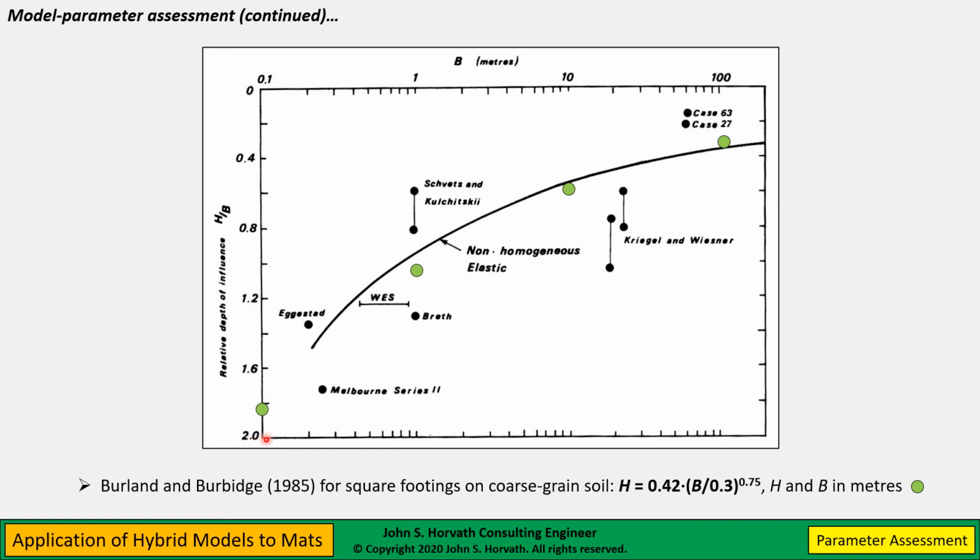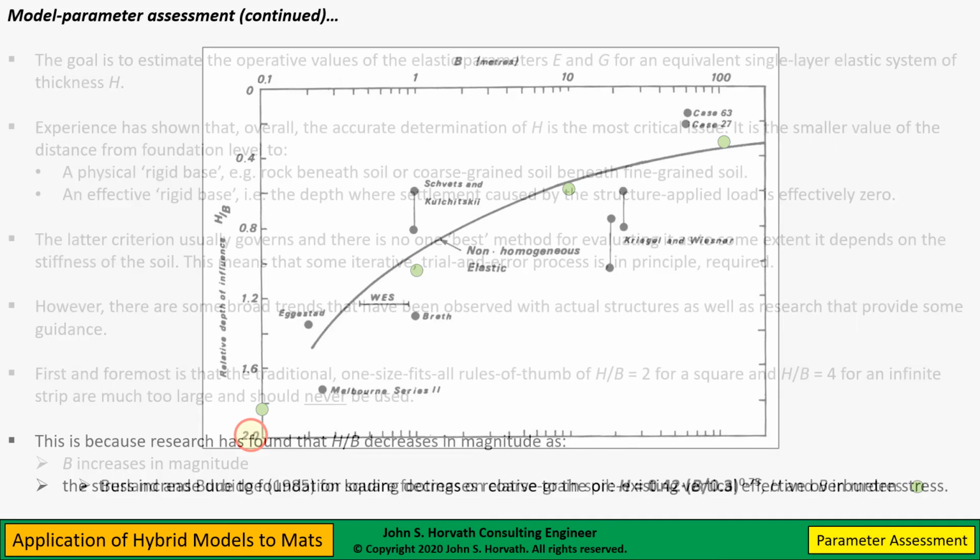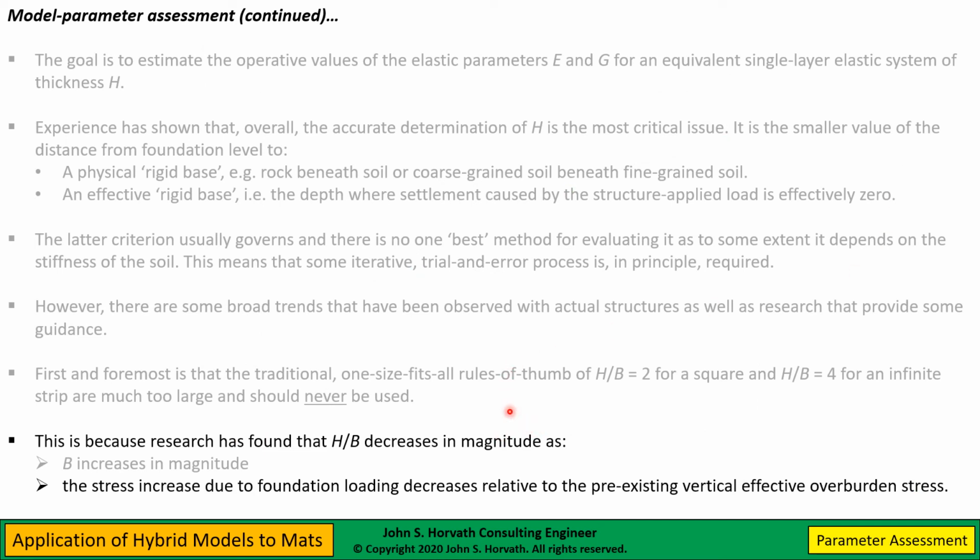But notice quite a bit less than the 2 rule of thumb that has been around for a long time, based on kind of a misinterpretation of sorts of the Boussinesq solution. And this is because when you use the Boussinesq solution that says 2B, that only comes from where the stress increase decreases to a small value.